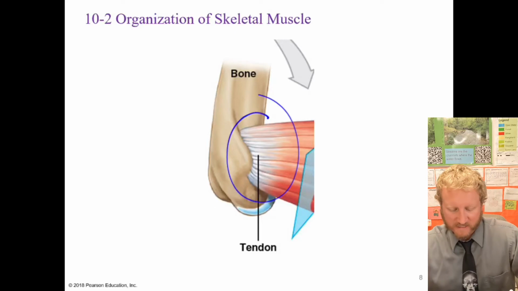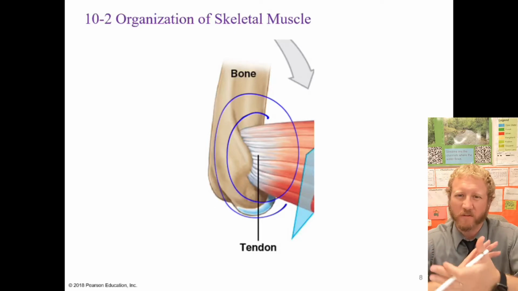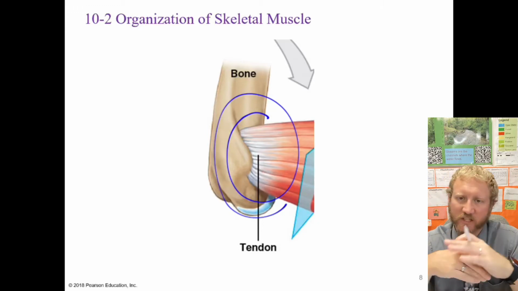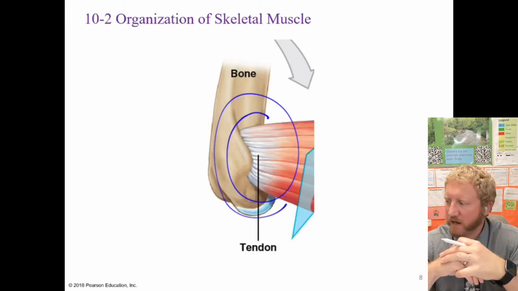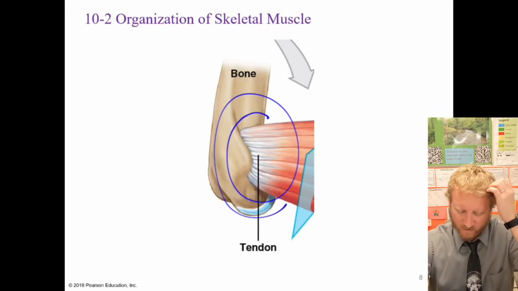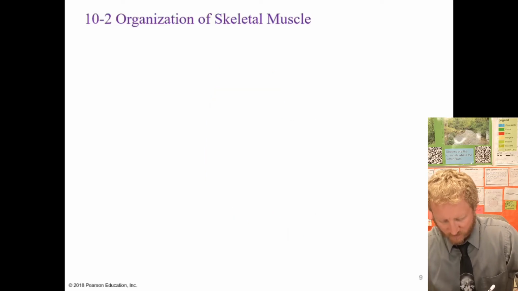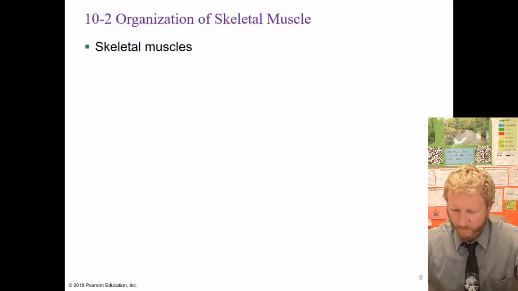They can be tendons, where they come together in a bundle like this, or they can be flattened, almost like a sheet, and that's aponeurosis. And these structures are primarily responsible for attaching the muscle, which is this part right here, to the bone, which is this part right here.